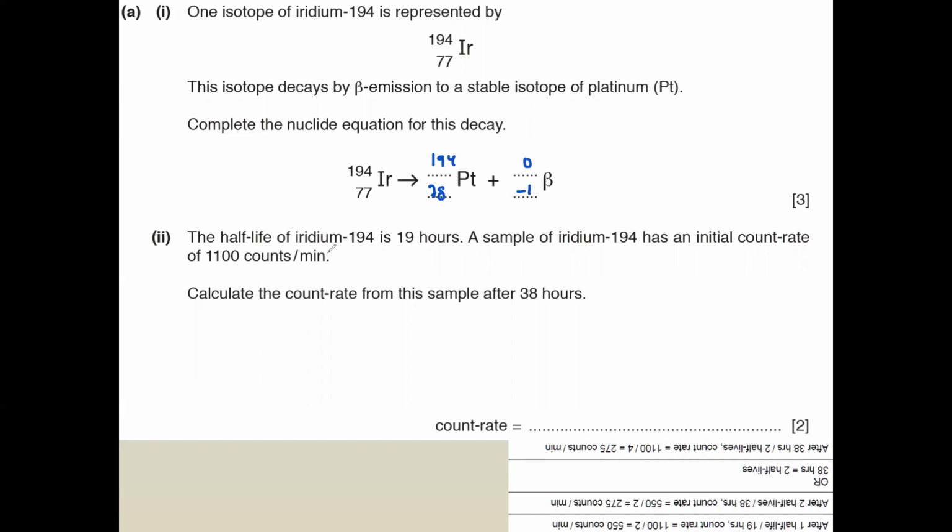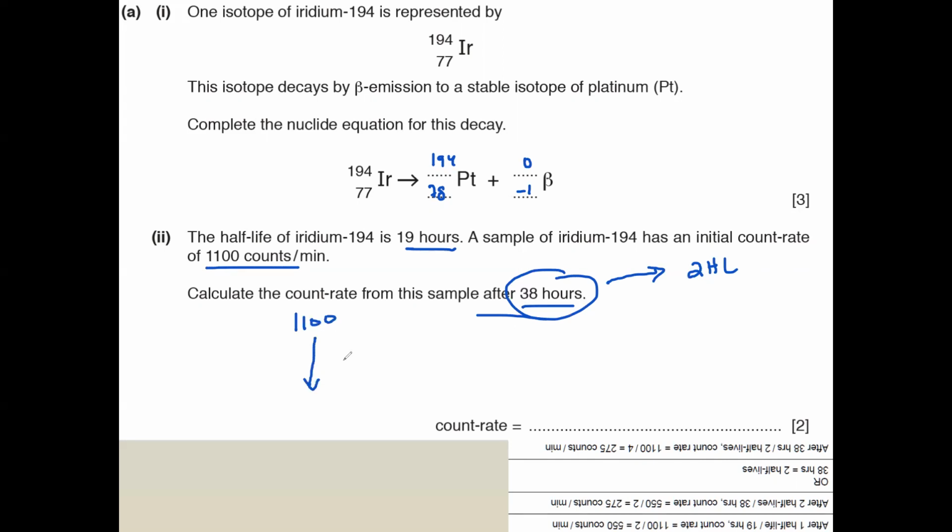In the question, the half-life of iridium is 19 hours. A sample of iridium has an initial radiation of 1100 counts. Find the radiation after 38 hours. Because one half-life is 19 hours, 38 hours means after how many half-lives? After 2 half-lives, what is the amount of radiation? In the beginning, it is 1100.